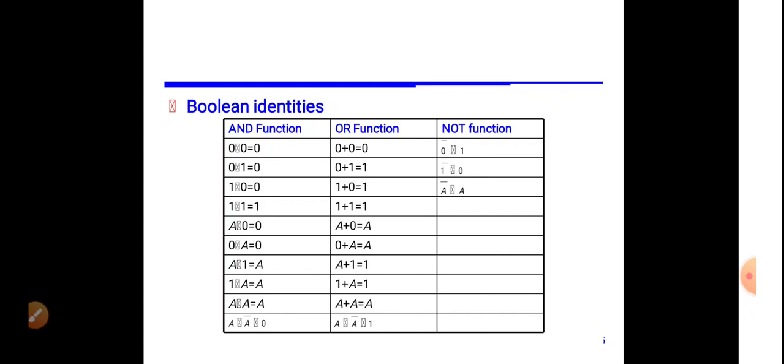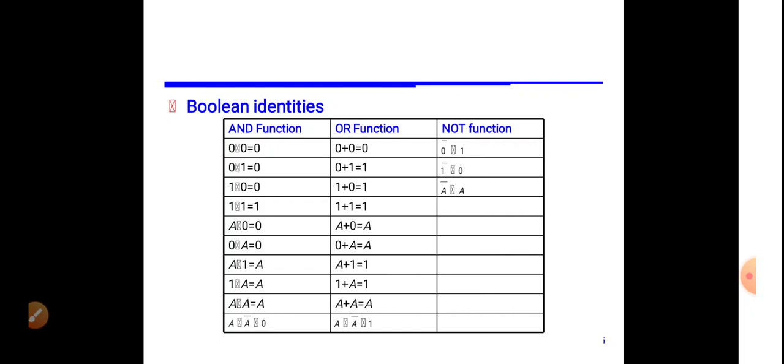As I have told you, the AND function is nothing but a dot. The first four cases I am dealing with constants, and the next four cases I am dealing with constants followed by variables. As I am having two constants, 0 and 1, I'll be getting four combinations: 0 0, 0 1, 1 0, 1 1.